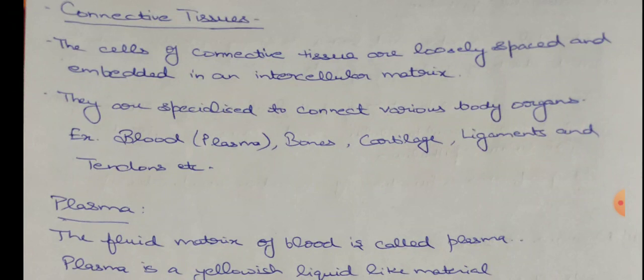Then we discussed columnar epithelium. They are present basically where absorption and secretion occur, as in the inner lining of the intestine. The cells of the columnar epithelium are tall, and with the help of a diagram I told you that the nucleus is present near the base of the cell.